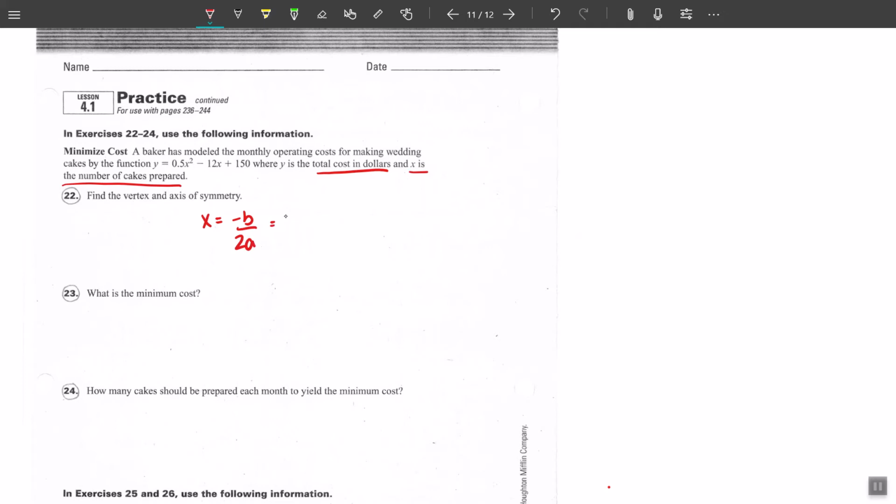So in this case, that will be a positive 12 over 2 times 1/2, that 0.5 there, which will give us a positive 12. All right, so we're going to have an x of 12, and then we'll put that back into the function. I'll show you that. So it'll look just like this.